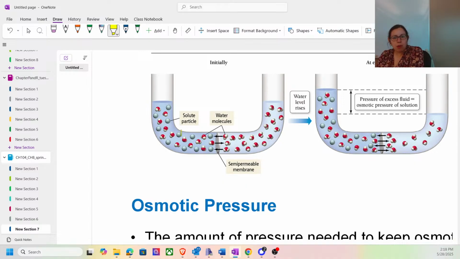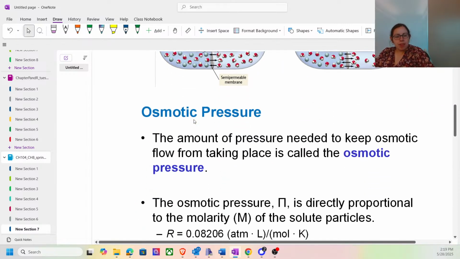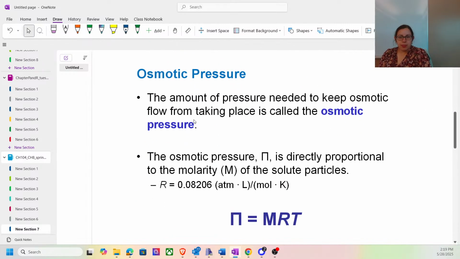We have our water molecules and also some solute particles. Now it's going to flow from the diluted side to the more concentrated side to try to make the concentrations the same. And if you were to try to prevent this, this would be defined as the osmotic pressure.